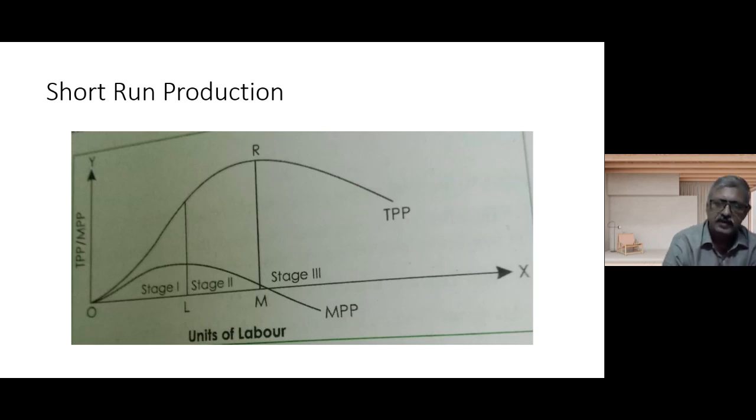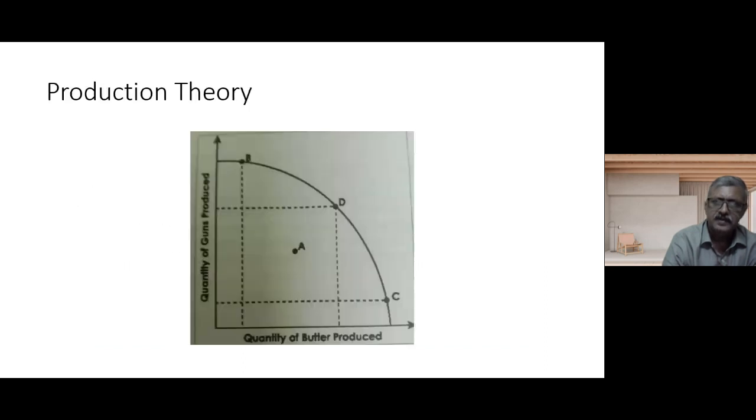We also tried to understand this curve, PPC. Now, the law of variable proportion actually helps us understand that suppose in this set of resources, 2 workers are working, खाली पकड़ते हैं, 2 वर्कर काम कर रहे हैं 2 दिन के लिए, right? So if I am engaging all those workers only for production of guns, I can get B quantity of guns or I can get C quantity of guns.